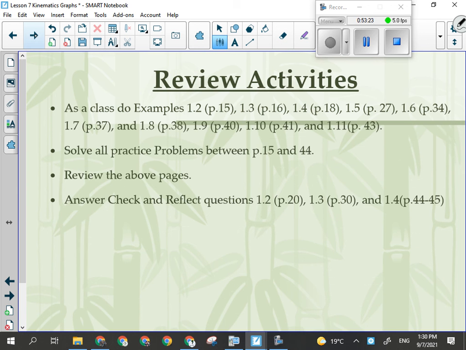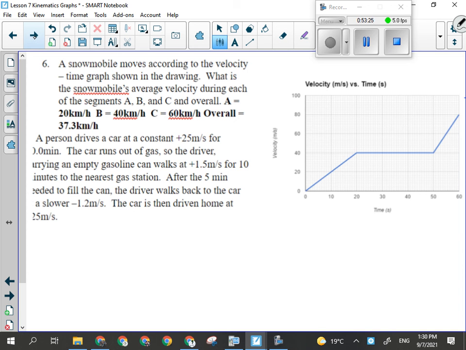All right, so we'll look at a few examples here and then we'll call it good. So I want you guys to try this one, or this part here. So you've got that velocity versus time graph. This is at the top of page 5 in your digital workbook if you want to be able to blow it up bigger. So we want you to be able to calculate the average velocity, which is not something we talked about.